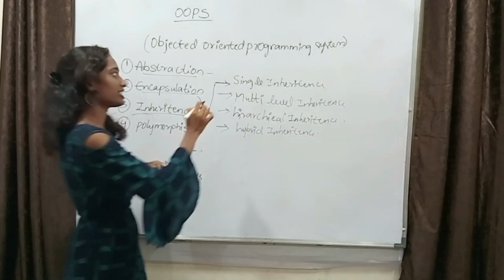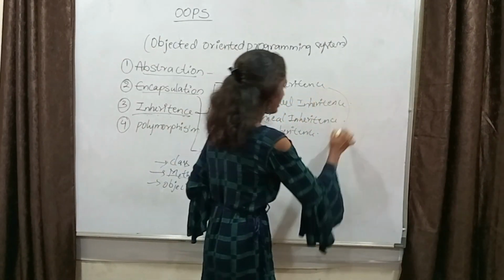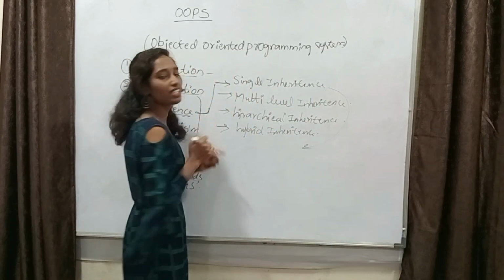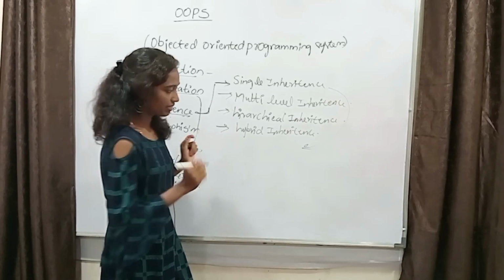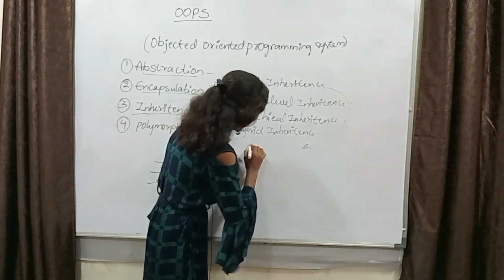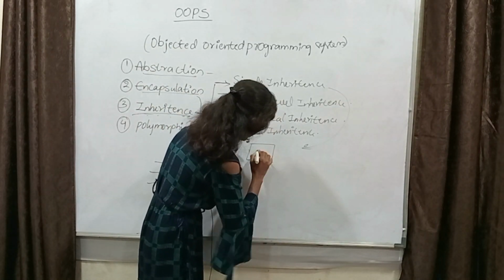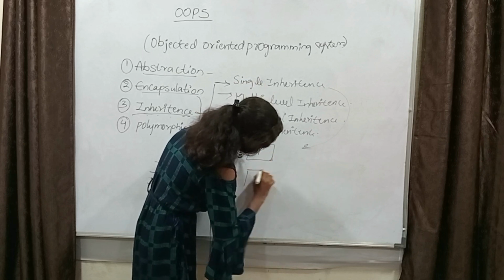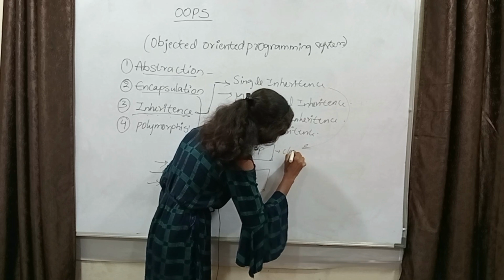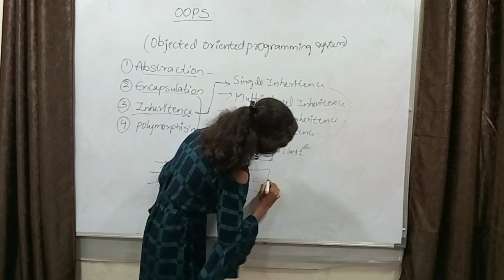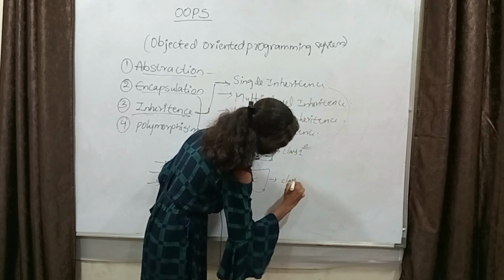First we have to see about single inheritance. In single inheritance, there will be one parent class and one child class here. This is one parent class and this is one child class. Class 1 and class 2.